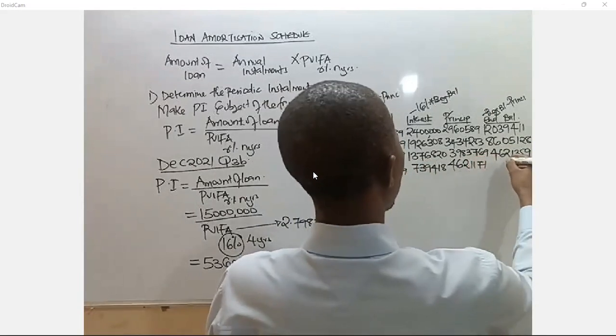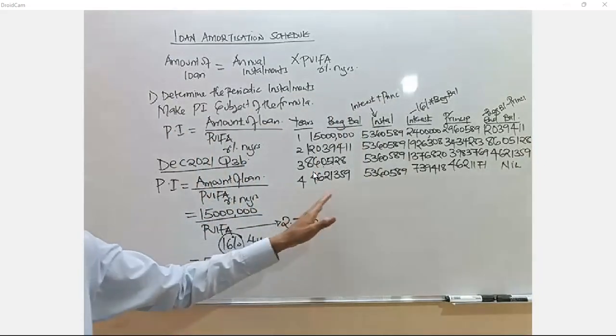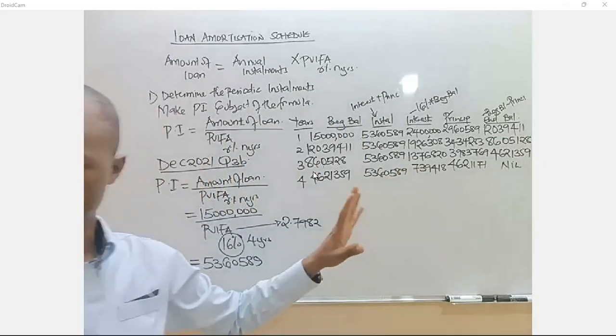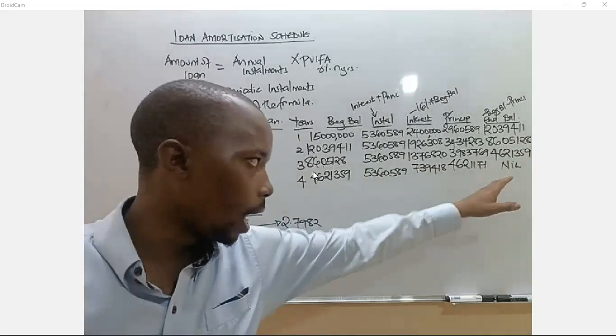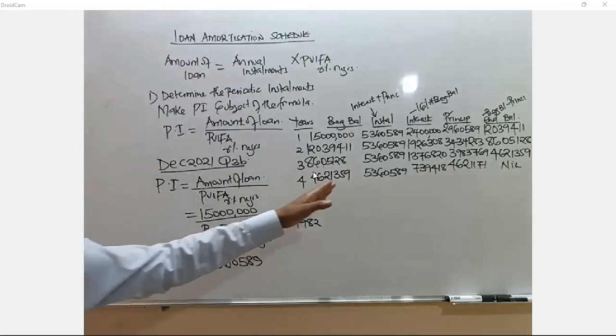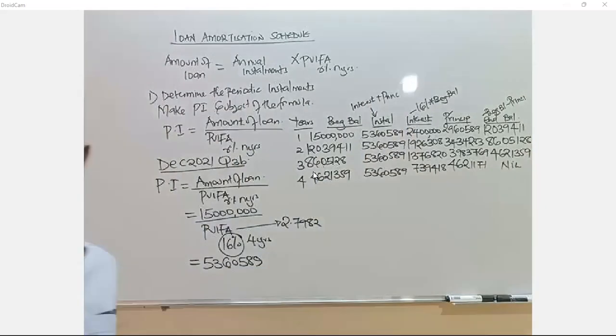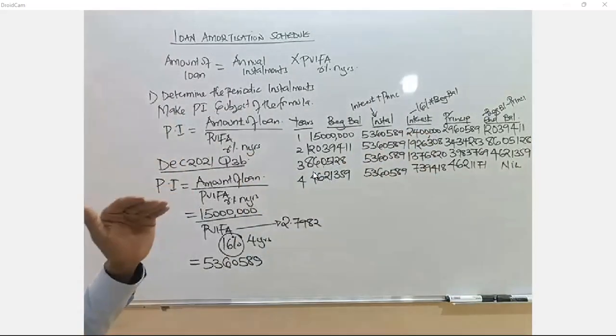What am I supposed to be getting at the end of the day? It should be nil. I know that the difference is due to rounding off and so forth. So in this case, at the end of the fourth year, I should have completed paying everything. You can see the interest we started with, 2.4 million, was the highest in year one.